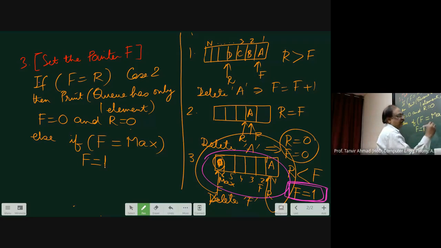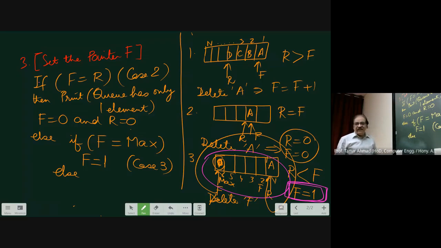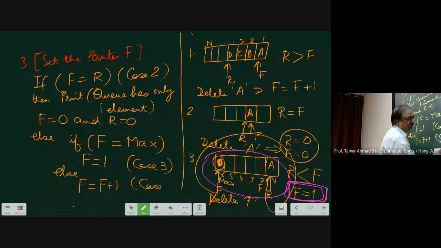This is case 3. If it is not there, then there is the first case, which is the normal Q, F is equal to F plus 1. And this is case 1. That's all.